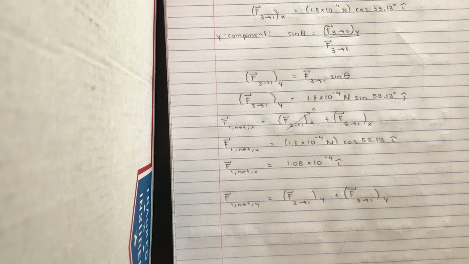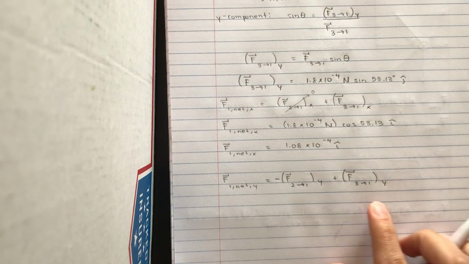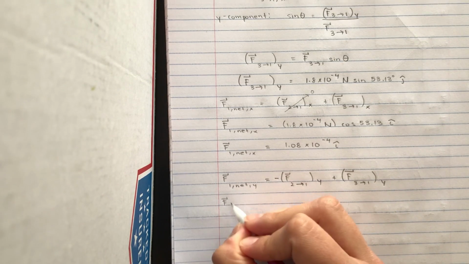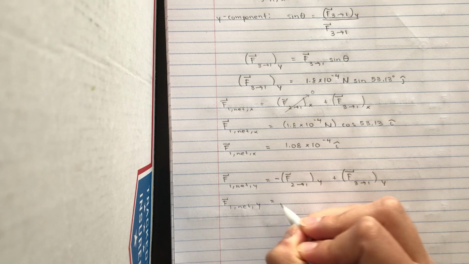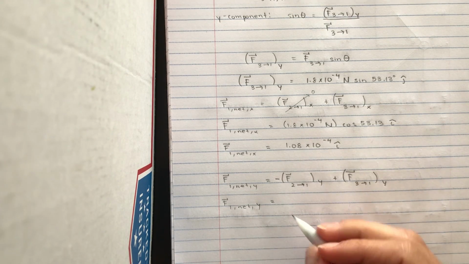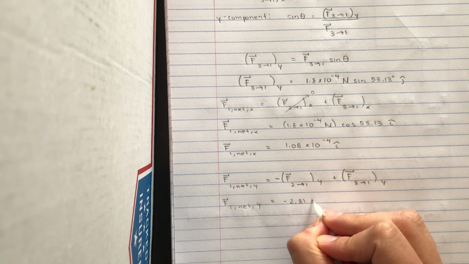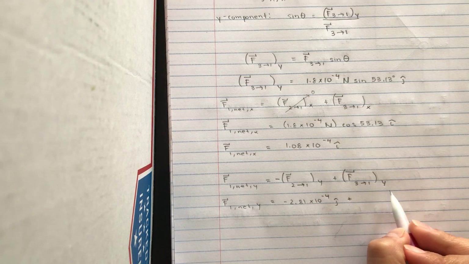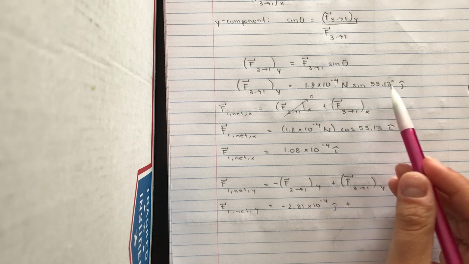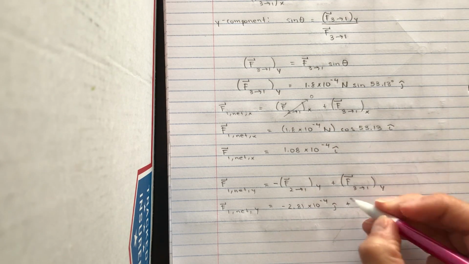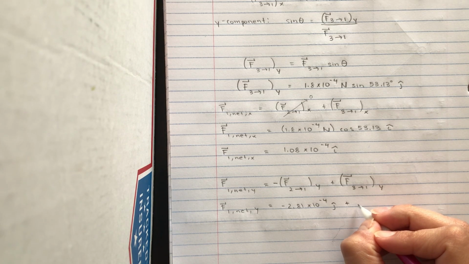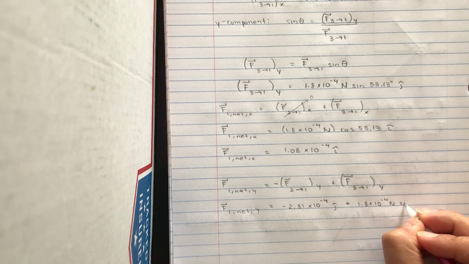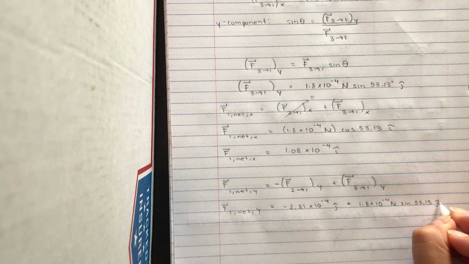We know that this is in fact negative F of 2 on 1 because it's going in the negative y direction, and we found earlier that value is negative 2.81 times 10 to the negative 4 j hat, plus the force of 3 on 1 in the y direction, which we just found, 1.8 times 10 to the negative 4 newtons sine 53.13 j hat.